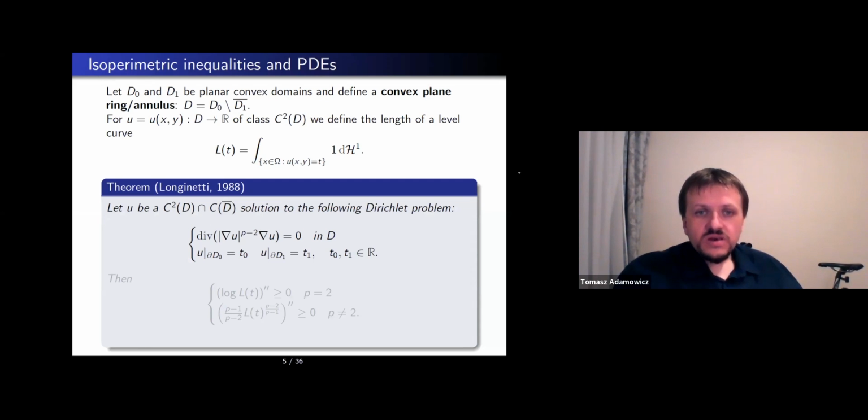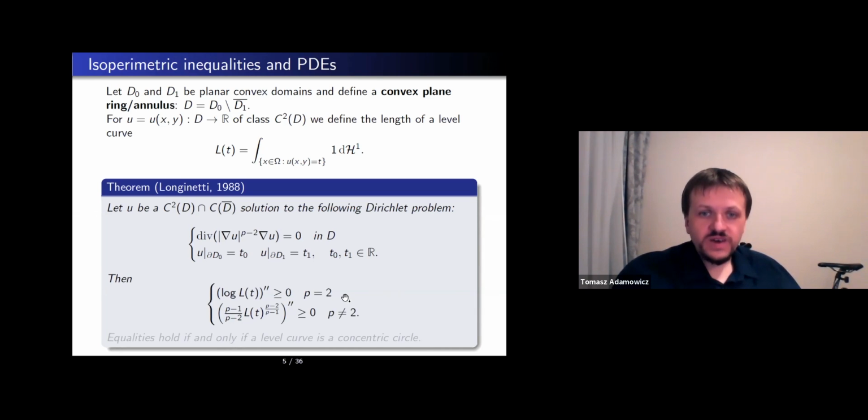With this notation, Longinetti in 1988 proved that if U is a C2 solution on annulus and continuous up to the closure of this annulus, and it is a solution to the p-harmonic Dirichlet problem with constant boundary data, then the following inequalities hold.